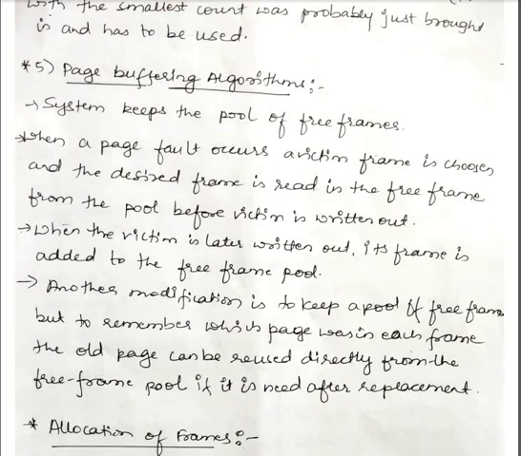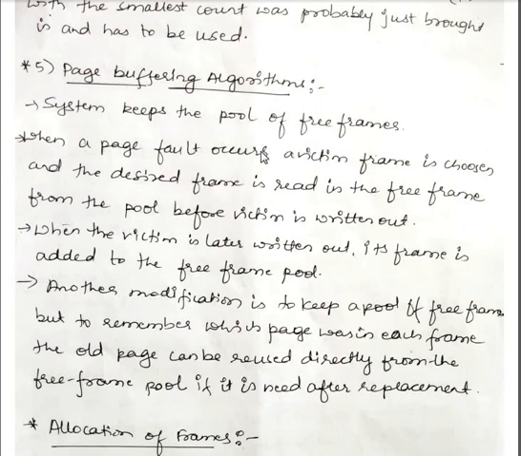Whenever a page is to be brought in and there are no free frames, one frame from this pool is taken and given to that new page. Whenever that page finishes its task and leaves the process, the frame is given back to the pool of frames.